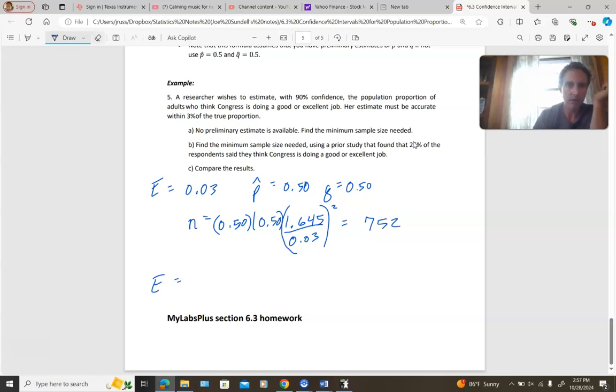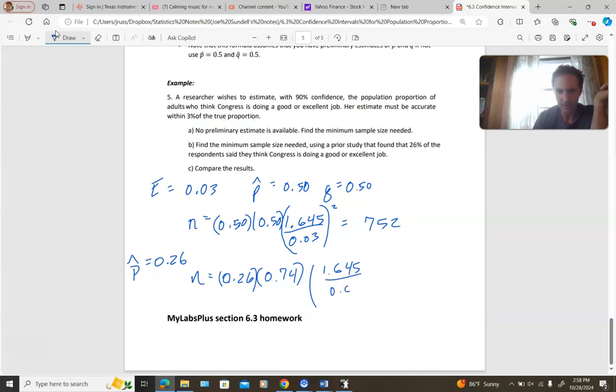Whoops, I need to write not E equals, but n is equal to 0.26, okay? So in this case, p hat from that previous study is 0.26 or 26%. So q hat would be, if you subtract, 74%. Okay, and then again, this stuff's going to stay the same. Now your critical z-score, and then your maximum margin of error.